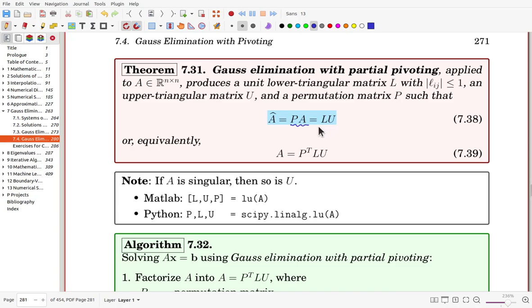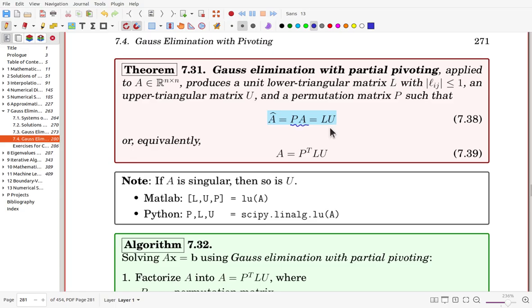Then that can be considered in this way. First, we multiply by the corresponding permutation matrix, and then for the row permuted matrix, we try to get LU factorization. But in the beginning, we don't know what it is. So we just apply LU factorization, and during the computation, we make the required row interchanges, and then we end with LU factorization.